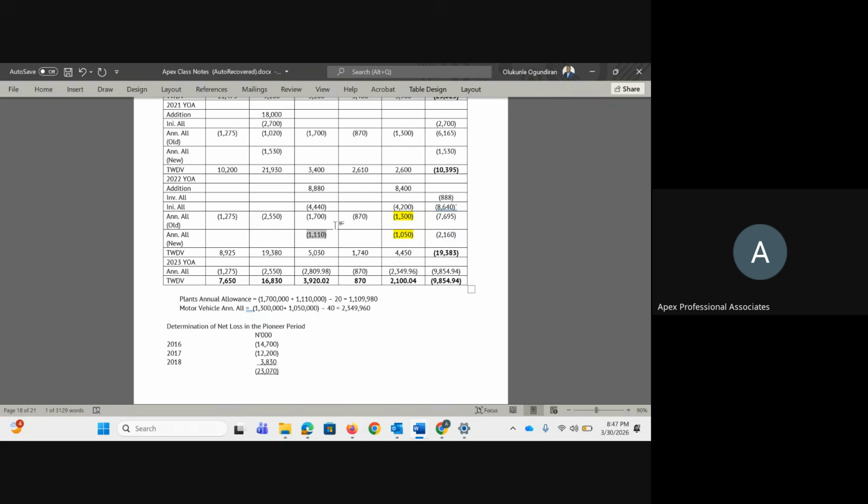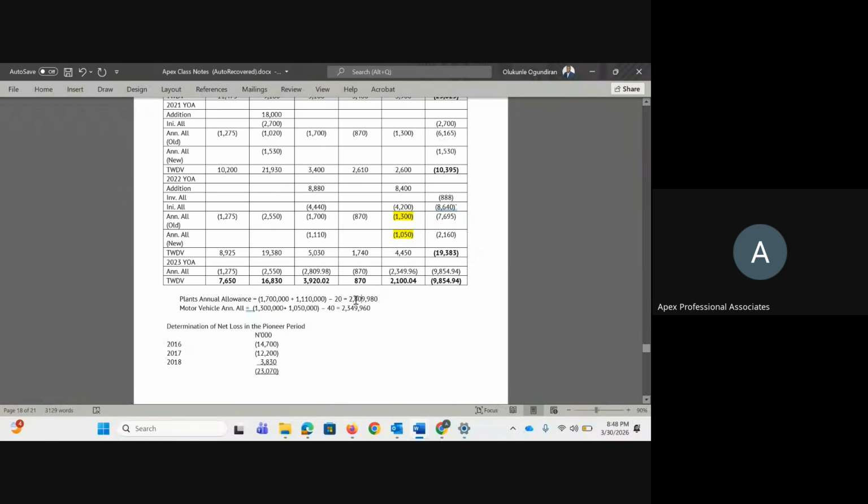Do you get it? I'm still trying to understand what you are saying. The 1,700 was not there before? Are you saying what?